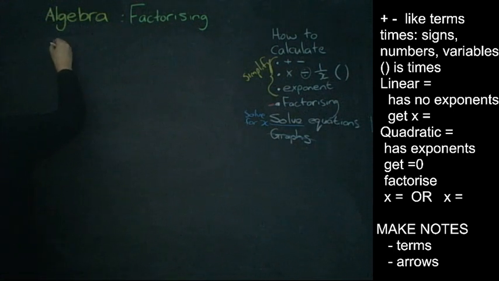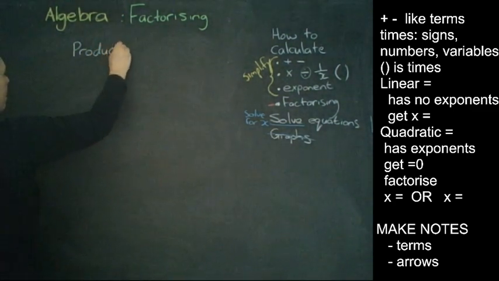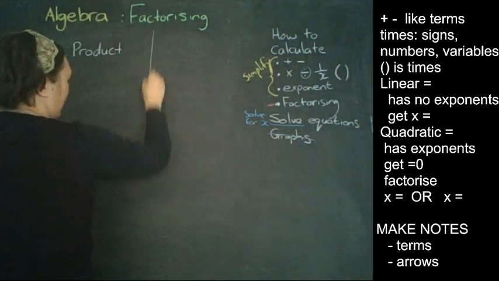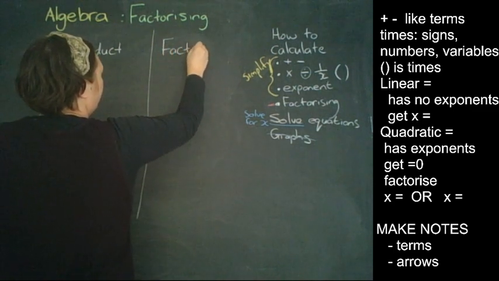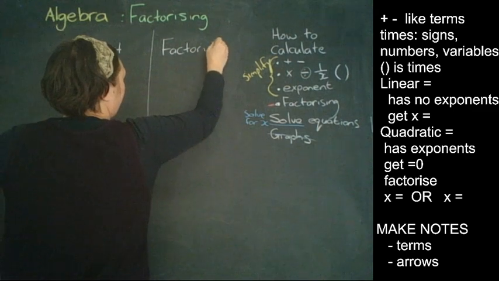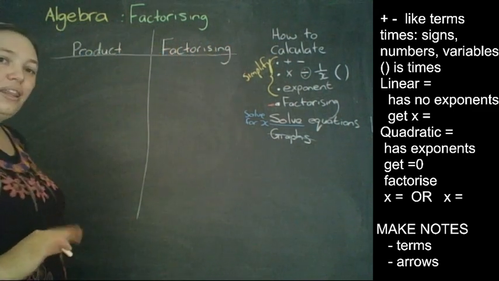So first I want to show you the two different sides of this. On the one hand, we've got products, and on the other hand, we've got factorizing. Think about it like this.